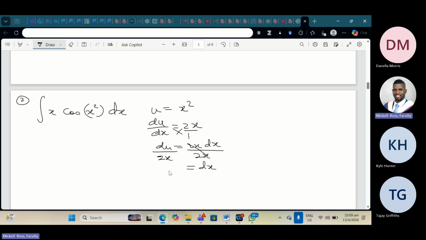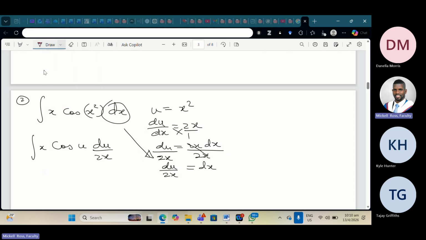So dx is going to be equal to du over 2x. Now look at this. We're going to have the integral of x cos u du over 2x, because anywhere we see dx, we're going to put that.